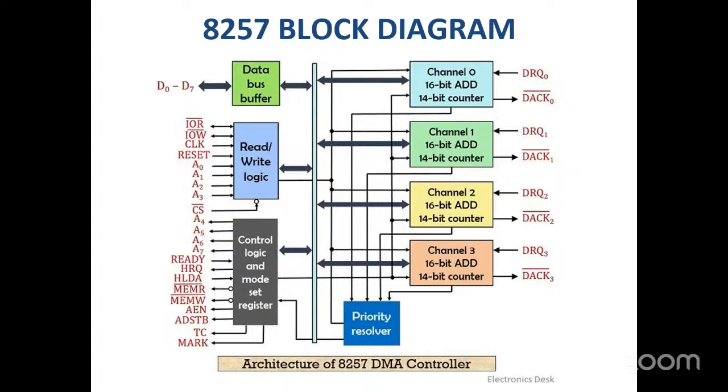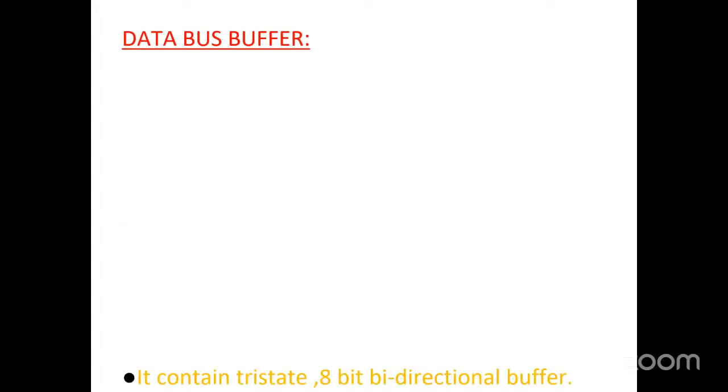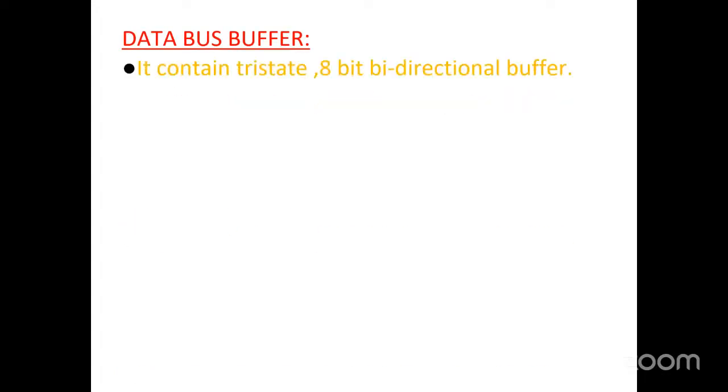Then the control logic has A4, A5, A6, A7, ready, hold request, hold acknowledgement, memory read, memory write, address enable, address strobe, and TC mark. Then data request 0, data acknowledgement 0, DRQ1, DACK1, and here the 4 channels request access.